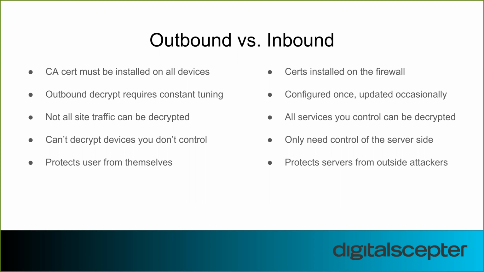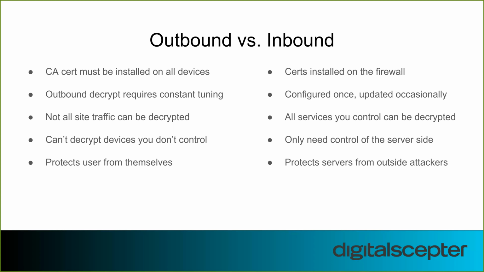But probably the biggest deal with outbound versus inbound is the return on investment, right? Outbound's a lot of work, and what you get from it is the ability to see user traffic going out. So that helps you protect users from themselves, but most of your threats are going to be coming from the outside.